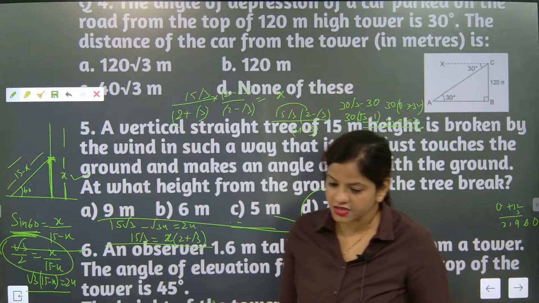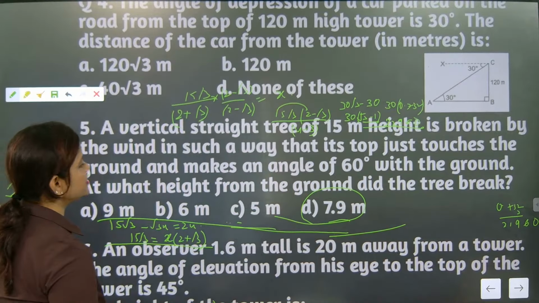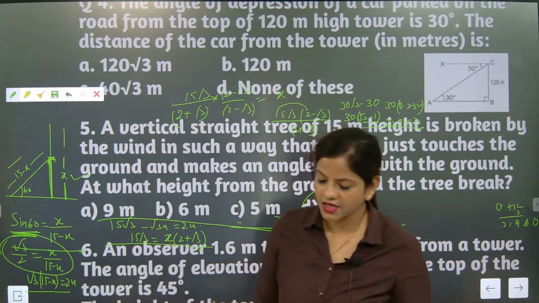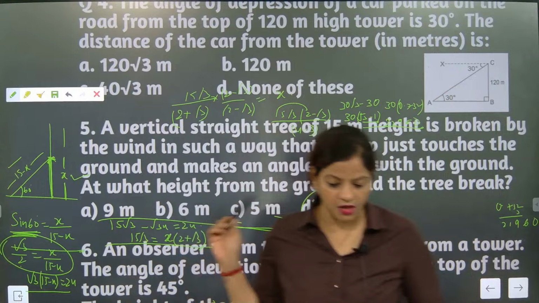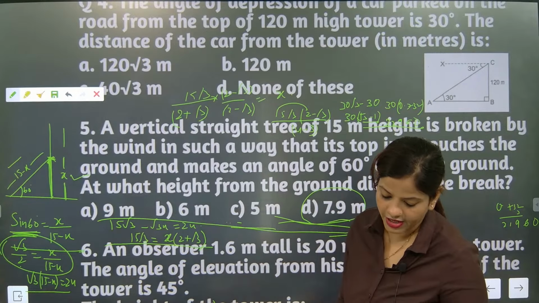Yes, answer is correct only. Our answer is correct only. So answer is exactly 7.1, approximated 7.9 it is coming. Yes, answer is D only. Good morning, Himanshu. Answer is coming as D only. Approximated value is coming that much only.